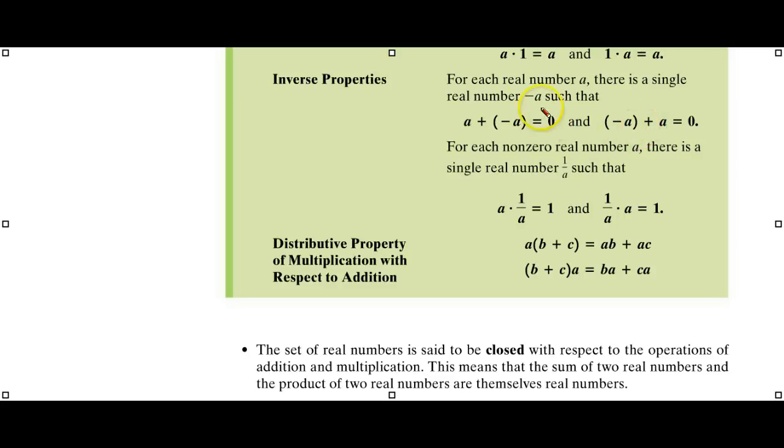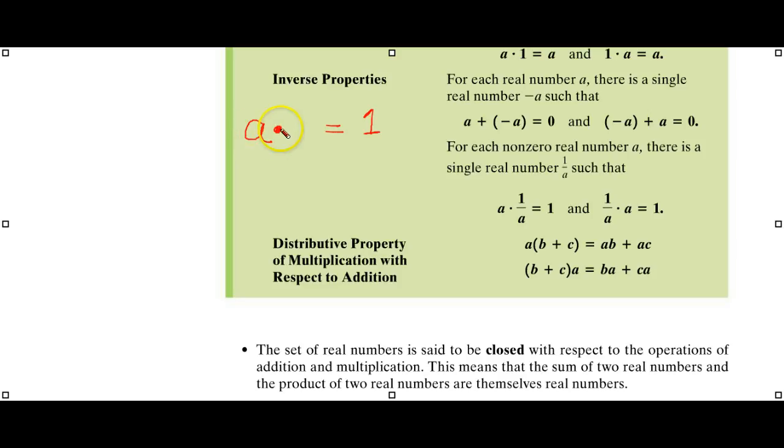Now, we said we also have an inverse property of multiplication, that if we have the letter A, what can we multiply that letter A by so that it equals 1? And the answer is its multiplicative inverse.